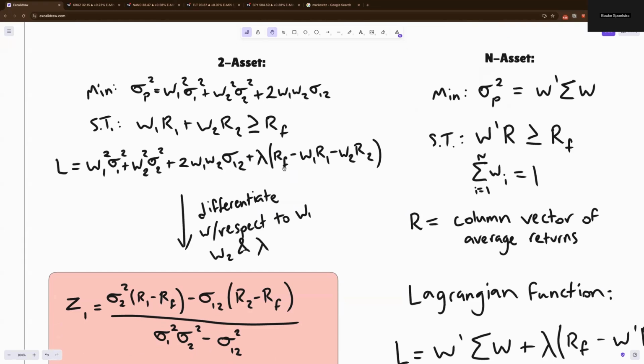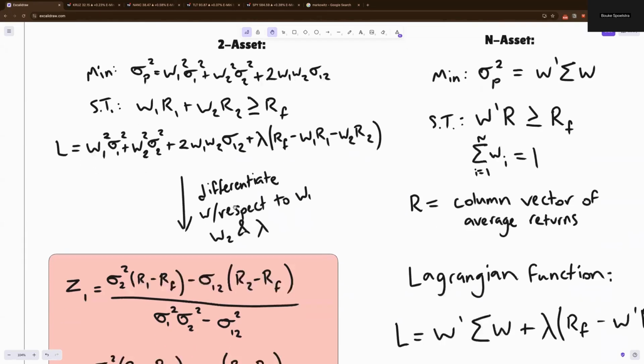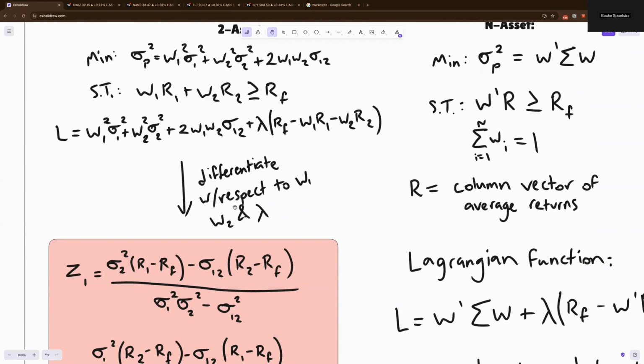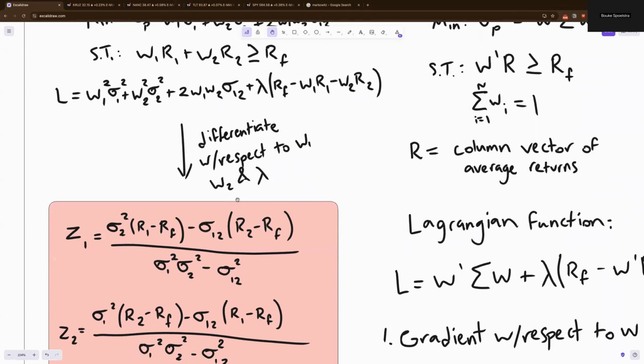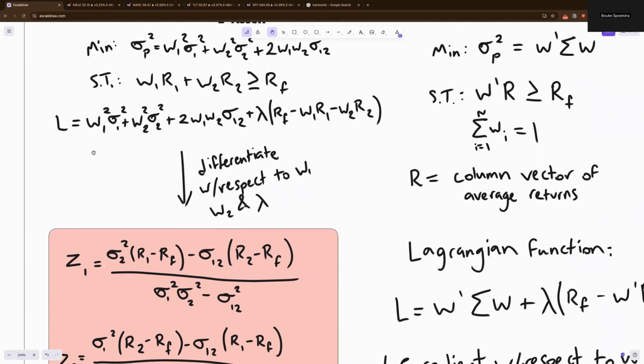So essentially the RF minus the first weight multiplied by the first return minus the second weight multiplied by the second return. So remember to set it up like this as well, with the risk-free rate minus these functions.